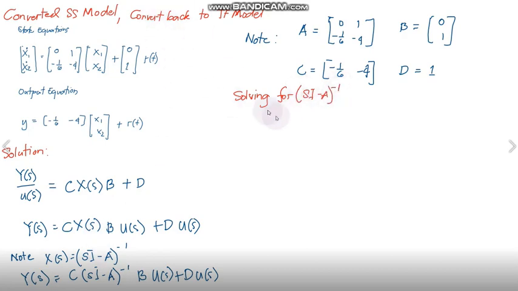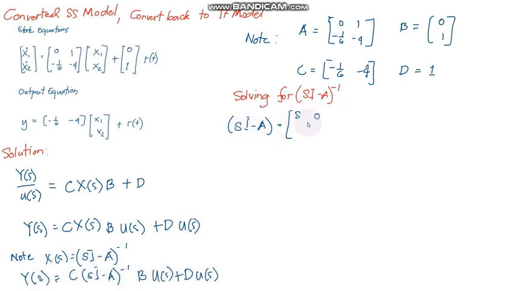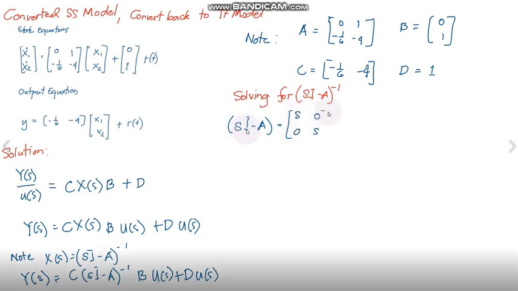So solving, we need to subtract A from the identity matrix multiplied by s. S times the identity matrix will give us s, 0, 0, s.